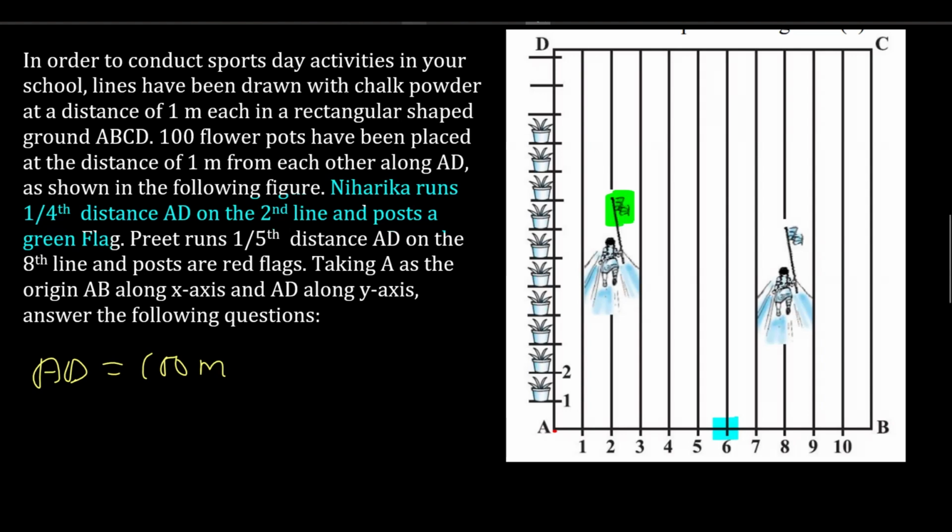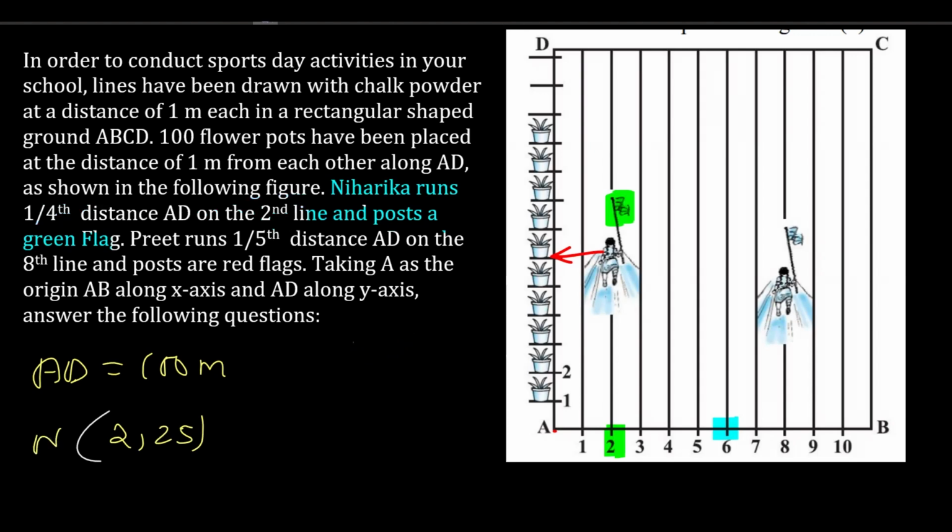The distance covered by her is 1/4. She is running on the second line, so we can figure out that her x coordinate is 2 and y coordinate is 1/4 of this total distance 100, which is how much? 25. So we got this coordinate of Niharika from here.